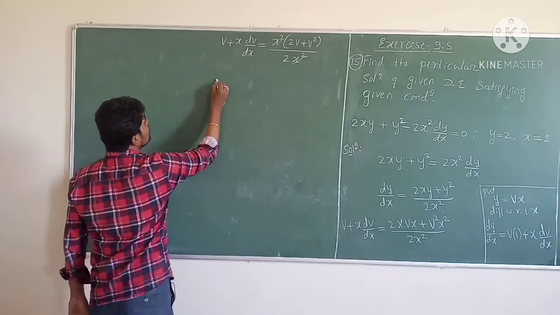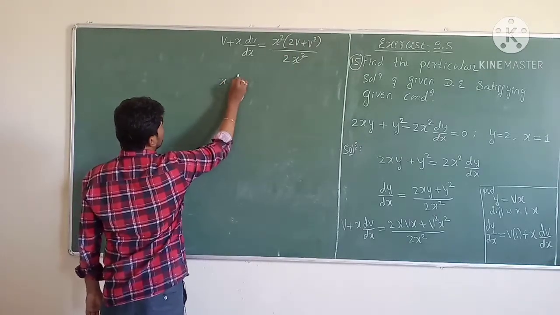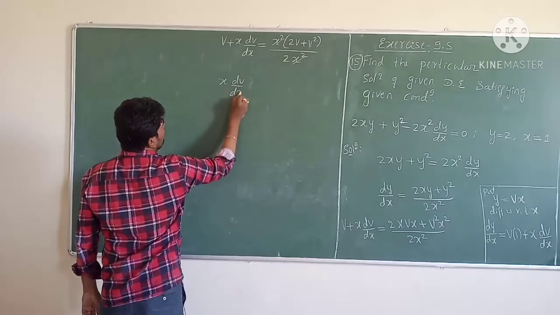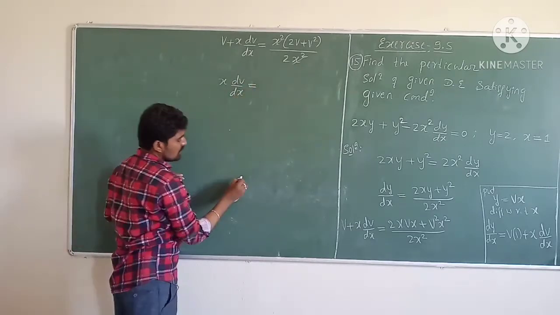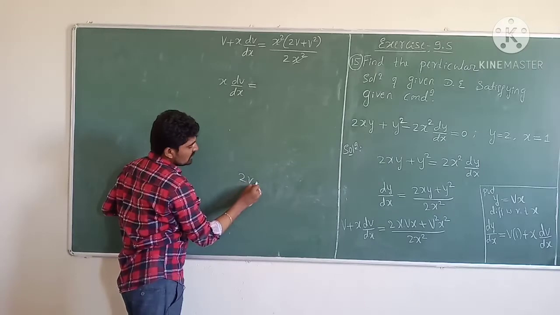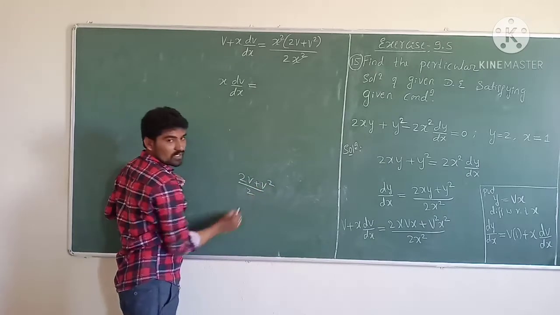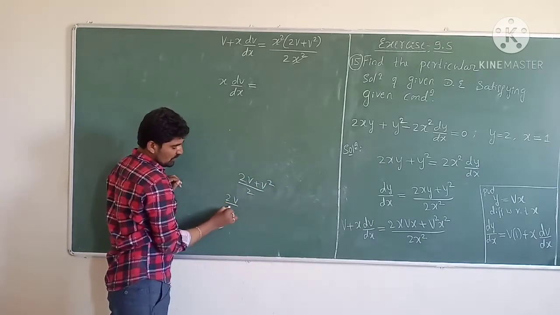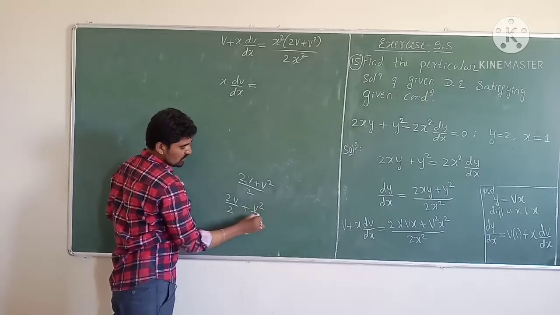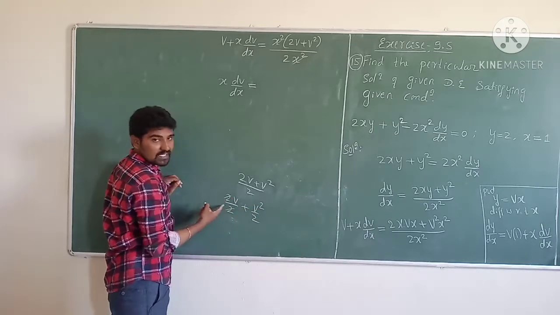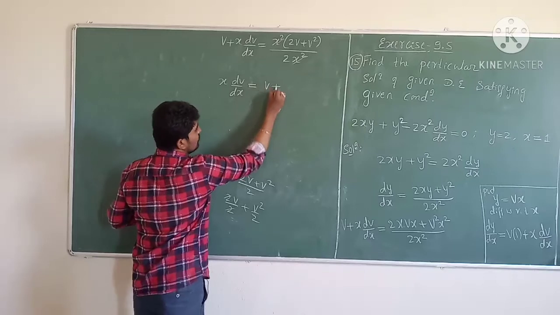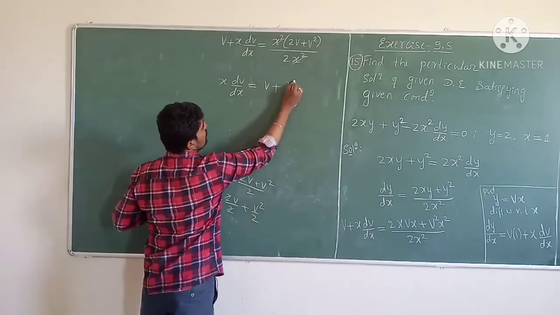The remaining term is x into dv by dx is equal to (2v plus v square) divided by 2. This can be written as 2v by 2 plus v square by 2; the 2 by 2 gets cancelled, remaining v plus v square by 2.